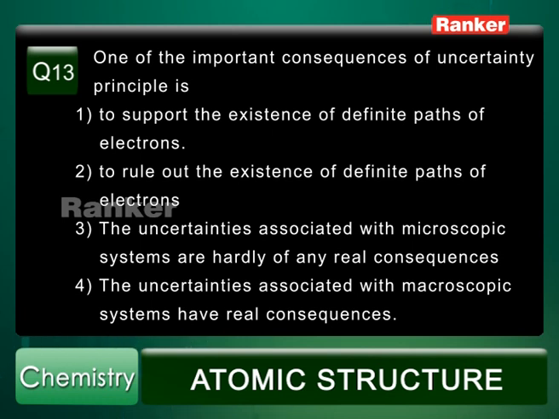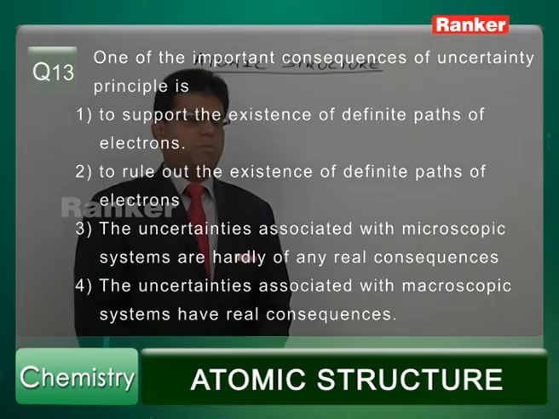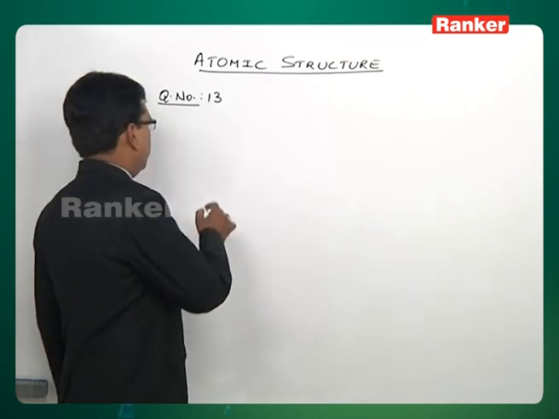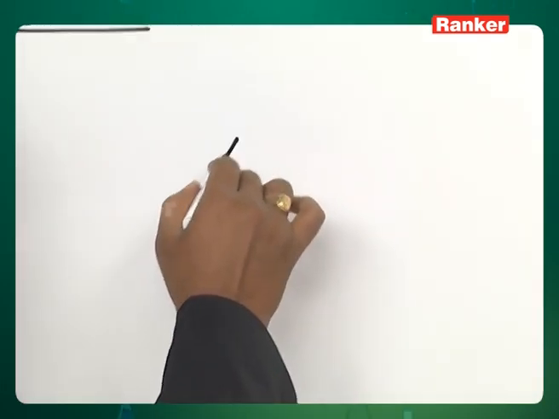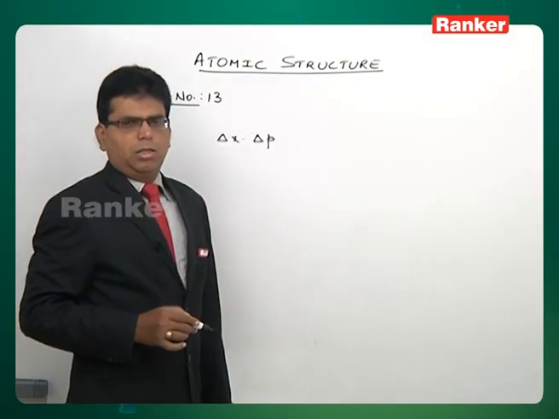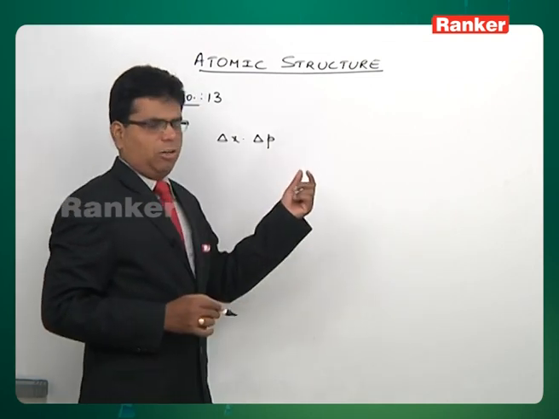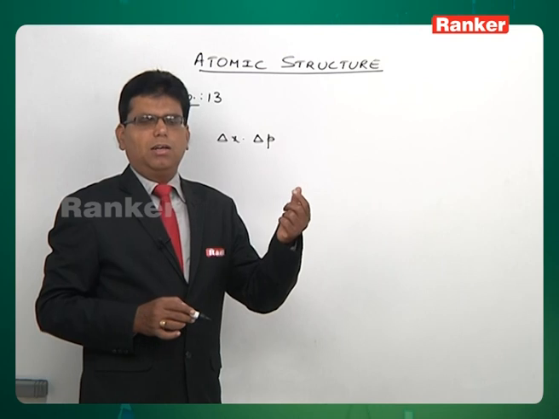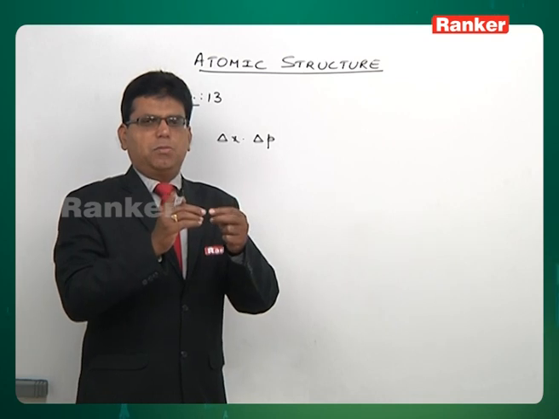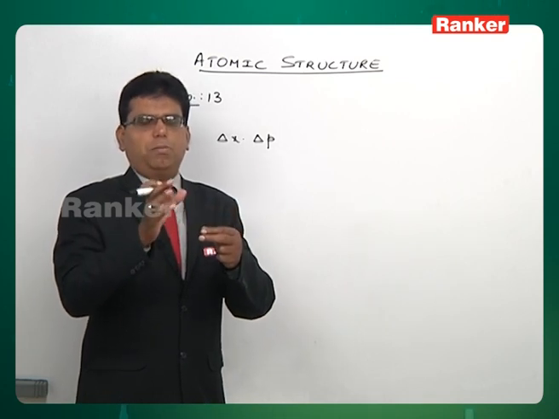One of the important consequences of uncertainty principle. What is uncertainty principle? This is what in general we call Heisenberg's uncertainty principle. What Heisenberg's uncertainty principle says is that for a fast moving particle like electron, the position and momentum of electron cannot be determined simultaneously and accurately. If an electron is moving with a momentum p and at a position x, then if we do those x and p measurements simultaneously, the result will not be accurate.